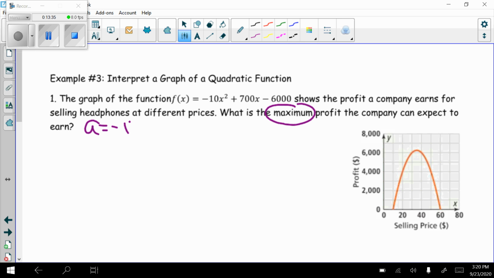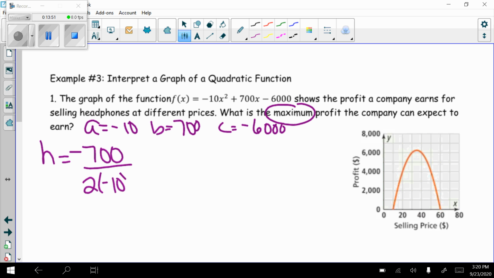My A is -10, my B is 700, my C is -6,000. So it's just a lot bigger numbers here, but the exact same process that we were doing. So H equals -700 divided by 2 times -10. So I have -700 divided by -20. My negatives cancel, my zeros cancel, so 70 divided by 2, or half of 70, 35.